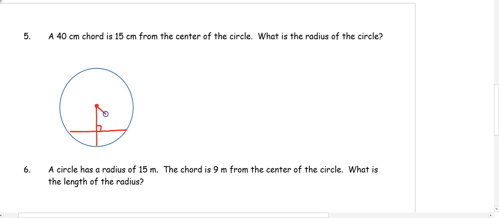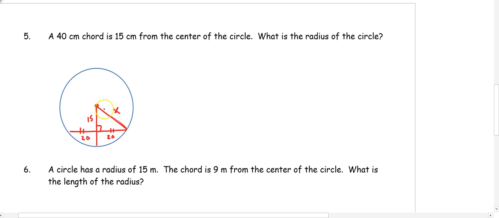I need to draw another radius because I'm trying to find the radius of the circle. So I'm going to call that x. The distance from the center to the chord, which is this vertical side here, is going to be 15. They also said that the chord is 40, which means that it is bisected into 20 and 20.